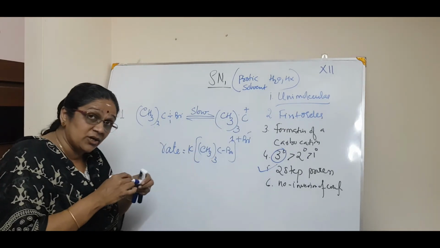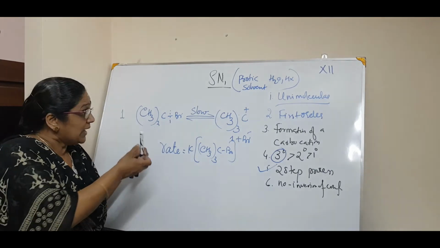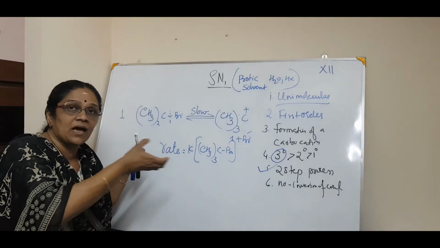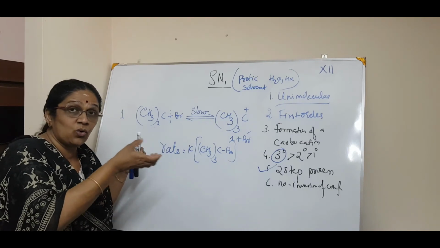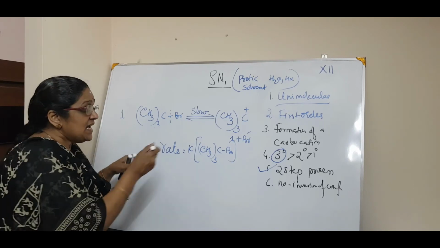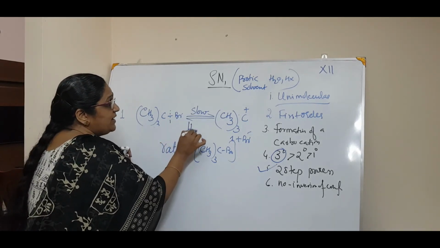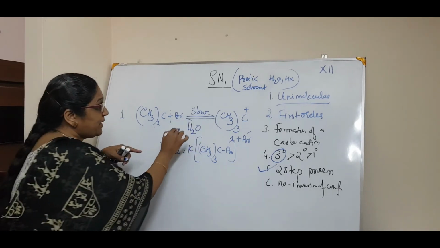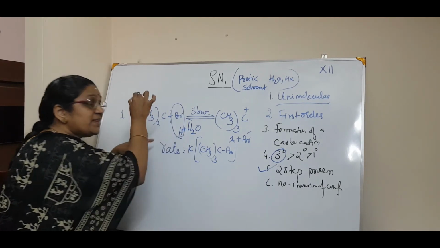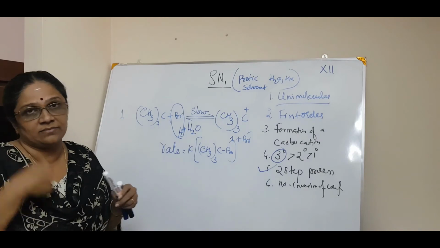So in order to weaken the C-Br bond, what happens? If the protic solvent is there, this H plus, protic means this H plus, will get along with this Br.